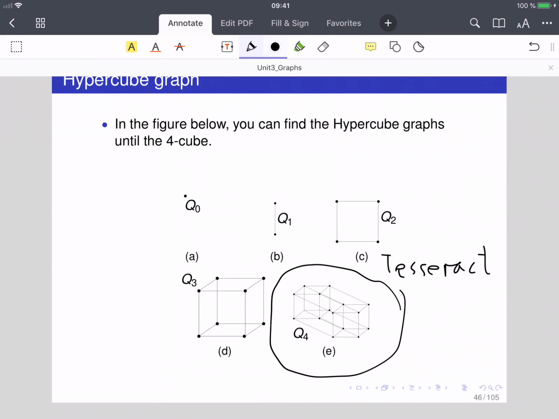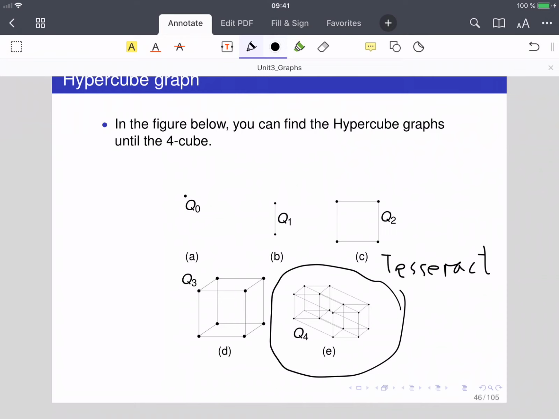First, what are the relevant numbers in this case, in the hypercube graphs? If I give you Qn, what is the number of vertices? What is the number of edges? And what are the degrees of those cubes? Okay, of the graph Qn.